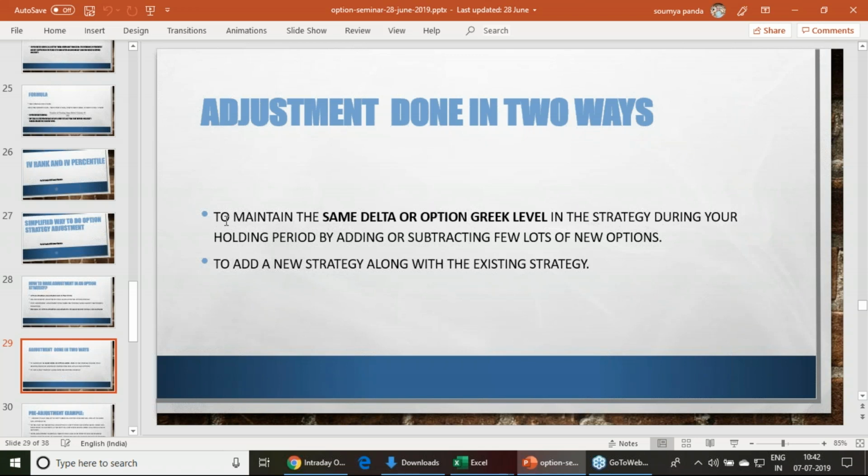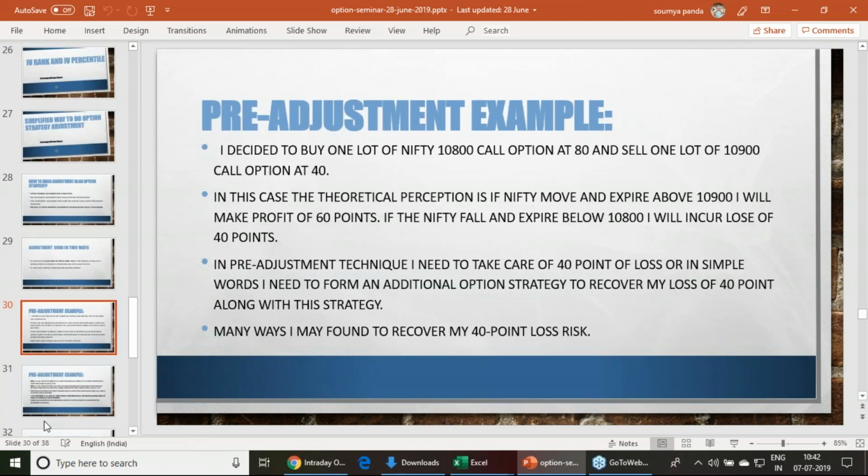So maintaining the same delta or option Greek level in the strategy during your holding period by adding or subtracting a few lots of new options is known as adjustment. Or you can add a new strategy to the existing strategy to do an adjustment. So these are the different ways of doing adjustment.